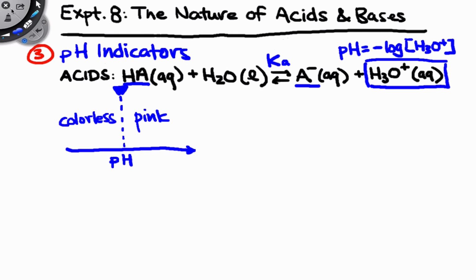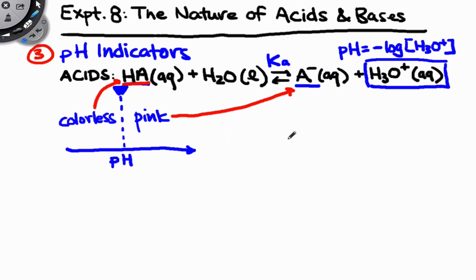So if we look, for example, at the case of phenolphthalein, phenolphthalein's acidic form, HA, is colorless. Its basic form, A-, is pink. And so where the color change occurs, in theory, is the pH at which A- becomes greater than HA. That is, the A- concentration becomes greater than the HA concentration.